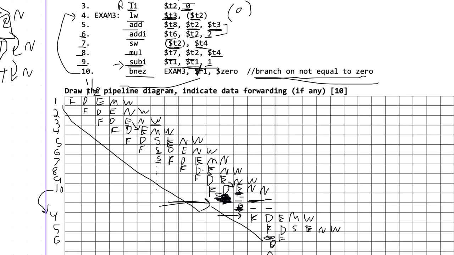For 7 and 8, the register is available in the mem cycle then. Yeah, so that's totally fine because, again, what are we doing in 7? We're storing T4 into memory address 0, right? T2 is just 0. So this is saying store T4 into memory address 0. That doesn't matter. I'm just storing a copy of T4 into some memory address. So that's fine.